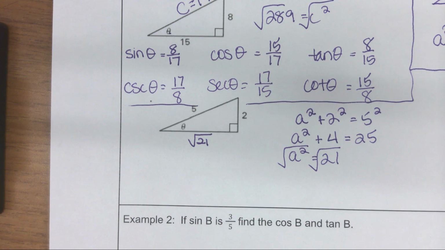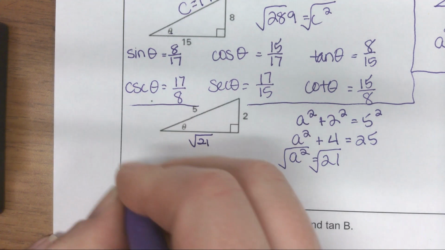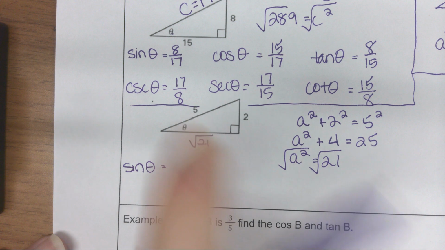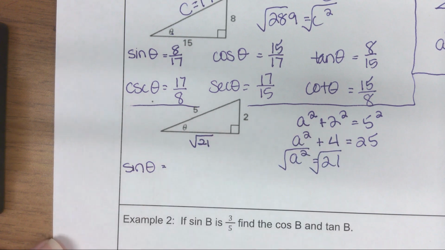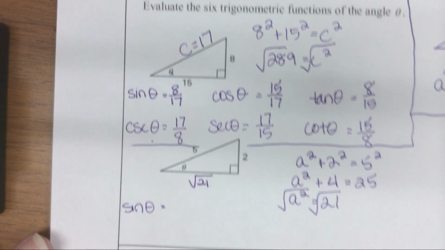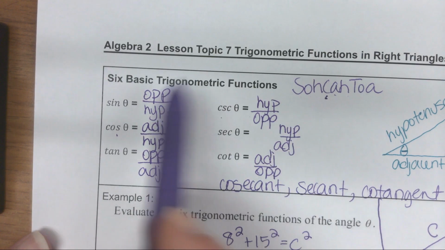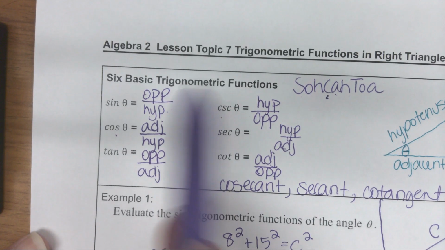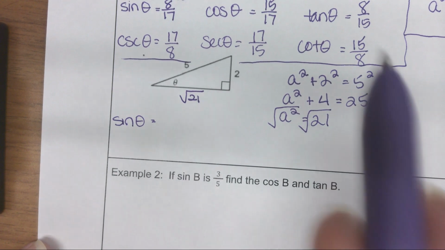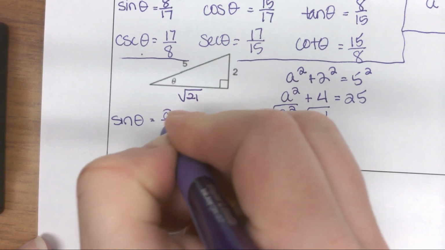Sine. See if you can work ahead of me. The angle again is down in the bottom left-hand corner. So the sine is the ratio of opposite over hypotenuse. And opposite the angle is 2. And the hypotenuse is 5.